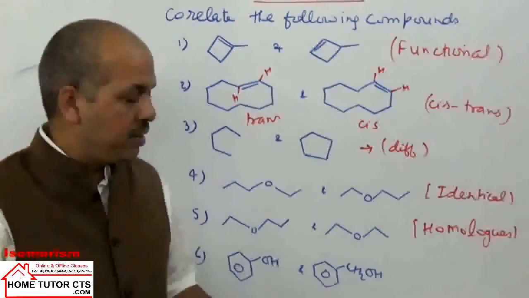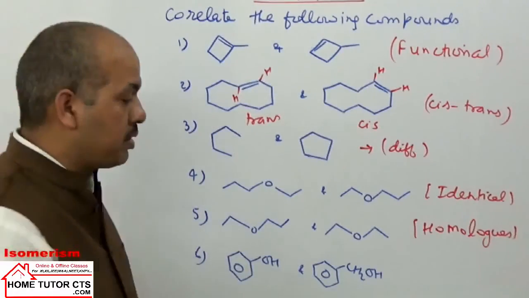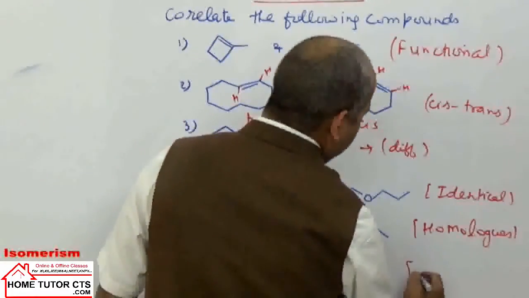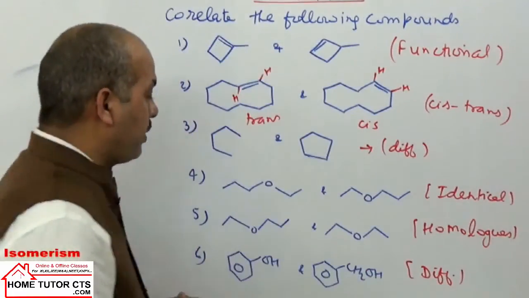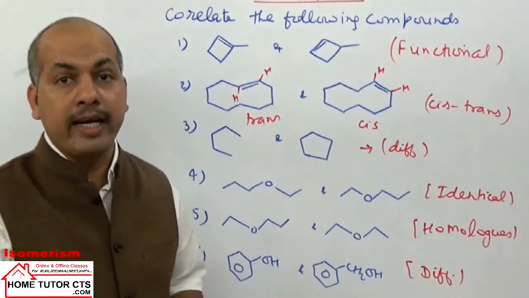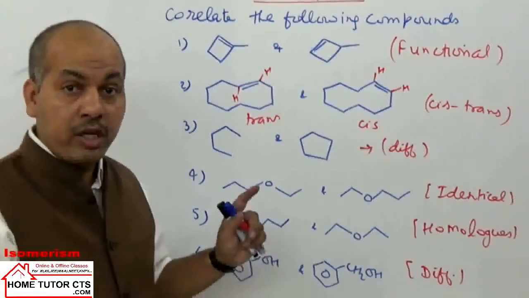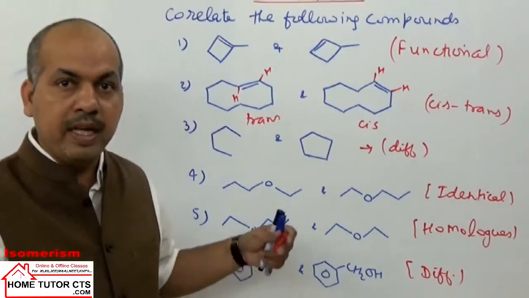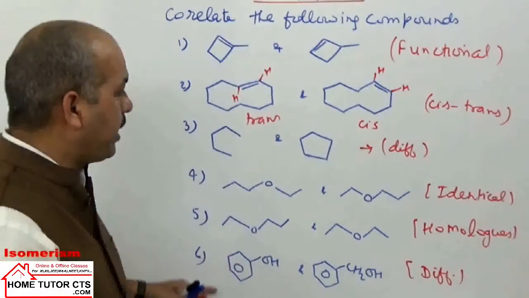And these two compounds, they have an extra CH2 group. When they have a different number of carbon atoms, what can we call them here? Different compounds. We cannot call them homologues because this is benzyl alcohol. They belong to the alcohol category, and this is phenol. Phenols are not the same as alcohols. Phenols behave differently compared to alcohols in many reactions. We cannot call them identical.